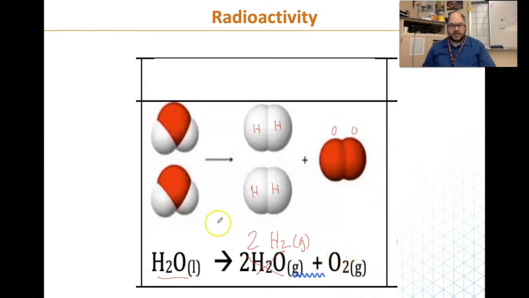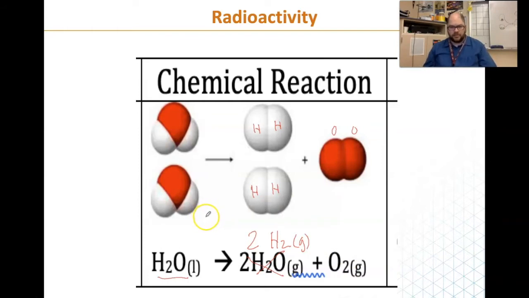This process is called a chemical reaction, because we have a rearrangement of these atoms. We started with 1 oxygen with 2 hydrogens, and if we rearrange them and just put the hydrogens together and the oxygens together, we've completely rearranged all the atoms. That is a chemical reaction.